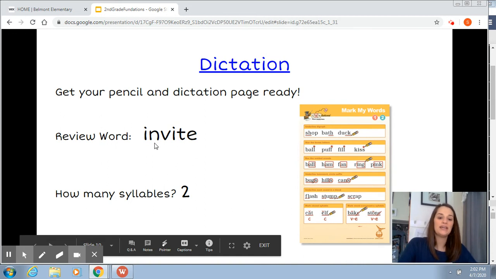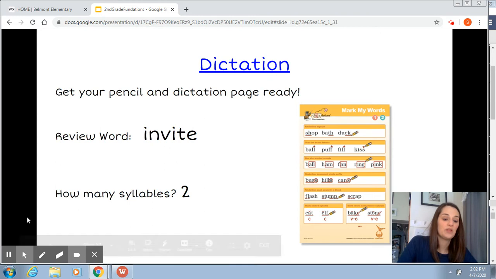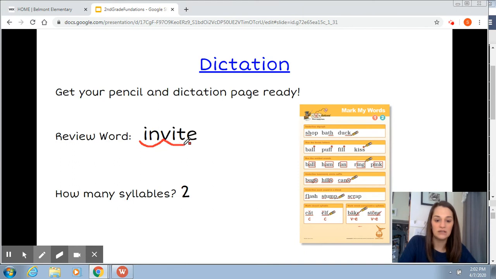Let's go ahead and review how to write and mark invite. So here we go. Invite. If you had this spelling, great job. If you missed maybe the tricky E, remember, we need him to tell that I to say its long sound. Let's talk about how to mark invite. So we have here invite. The first syllable, in, the first syllable's vowel, is making a short sound.